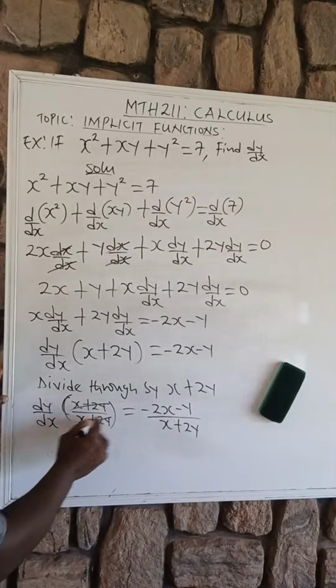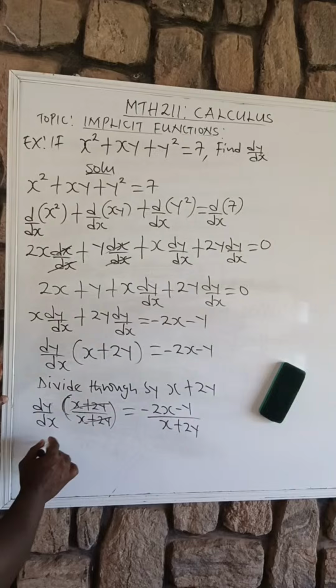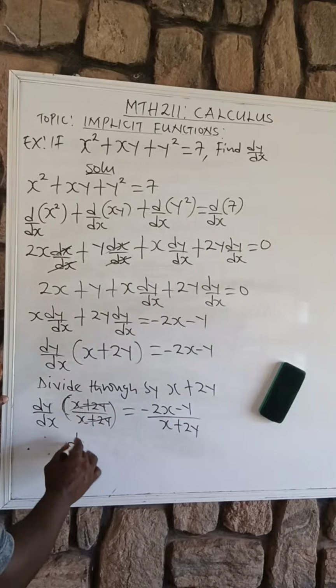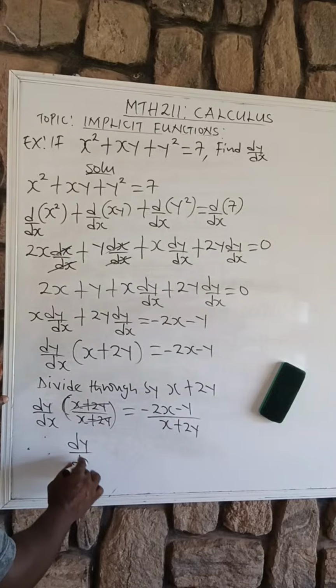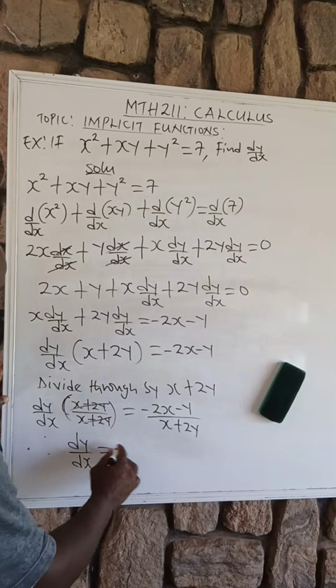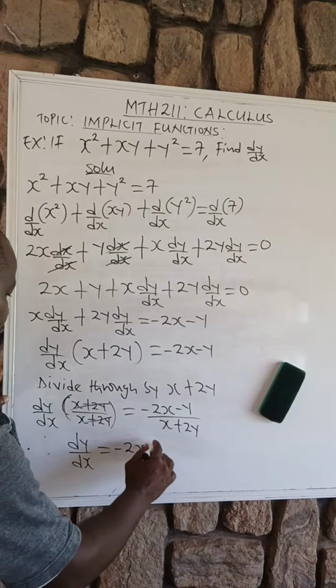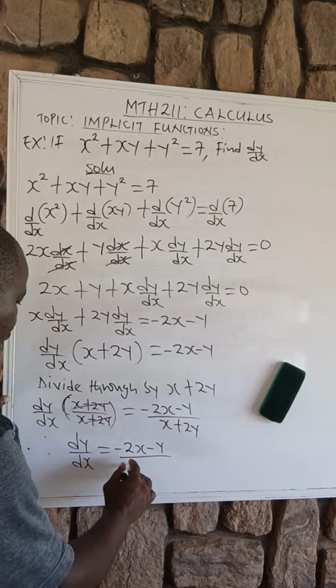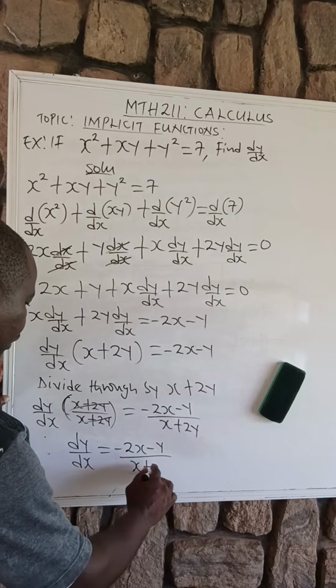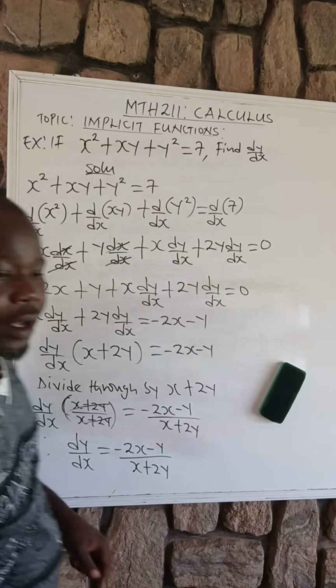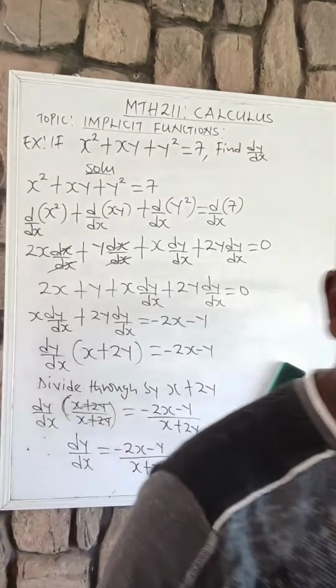So this and this will cancel. We can now see that therefore the final answer will be dy all over dx equals to minus 2x minus y all over x plus 2y. Can you see now? Look at the board.